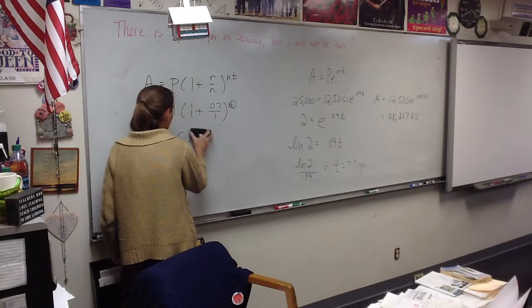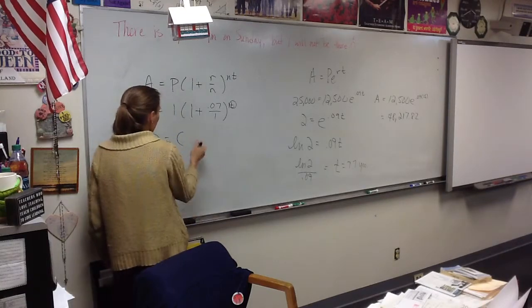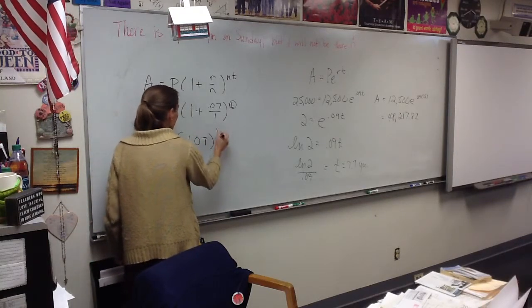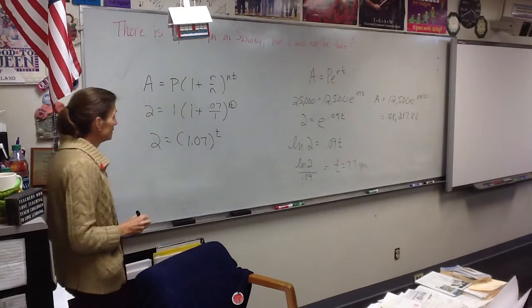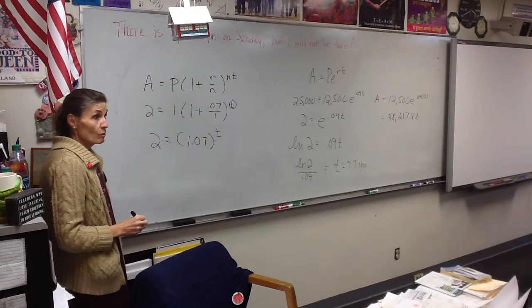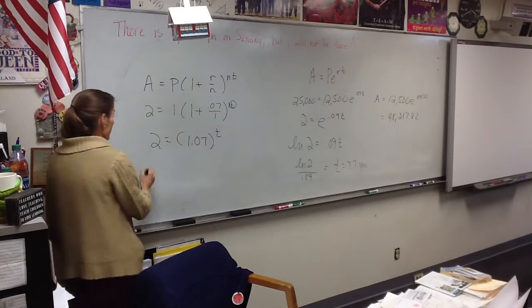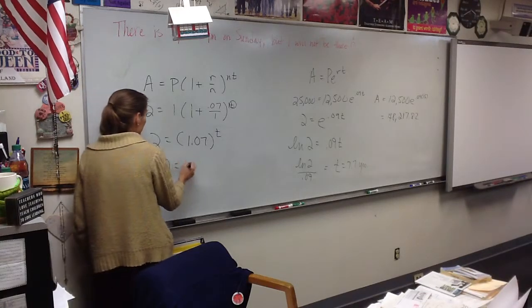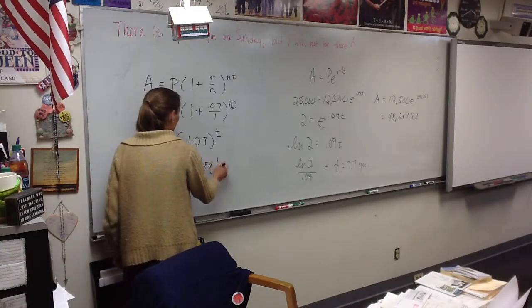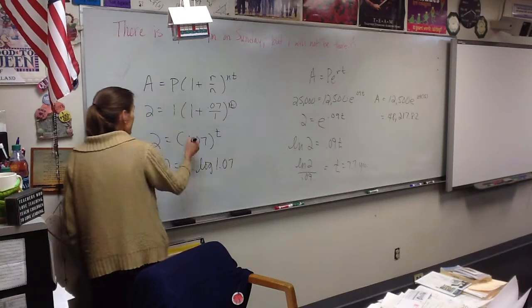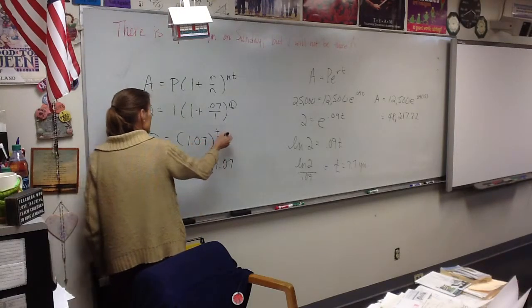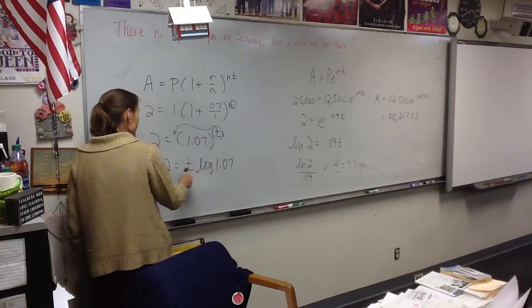Oh, wait, that's just going to be 1.07, isn't it? So I'll take the logarithm of both sides. The reason we do that is because as soon as we take the logarithm, the exponent comes out here in front.